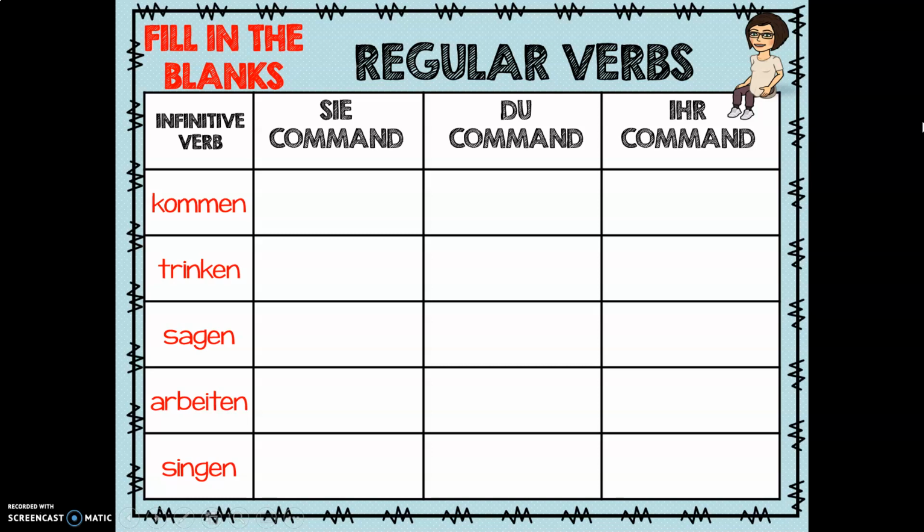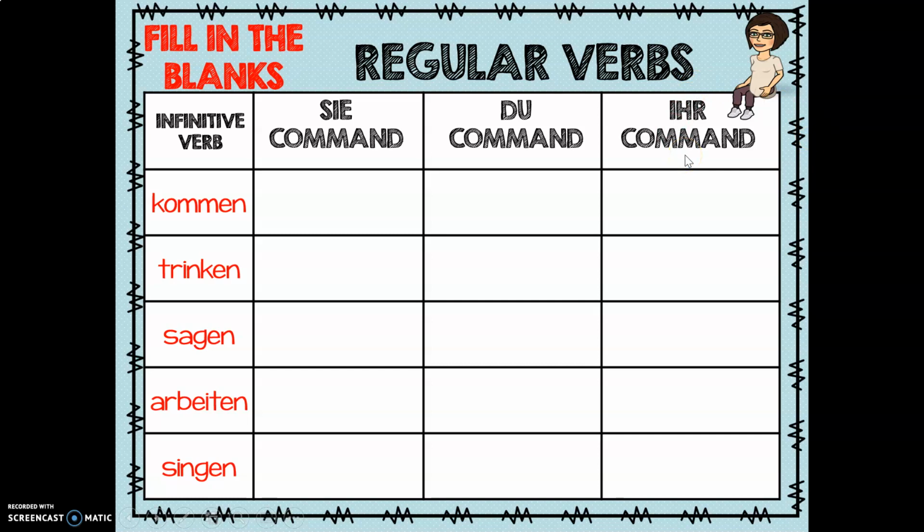There are 3 ways to give a command depending on who you are commanding. So there's the Sie command. This would be someone that you would talk to formally. This would be a formal command. So if you use the pronoun Sie with someone and you wanted to command them to do something, you would have to use the Sie command. Then there's the du command, and then there's the ihr command.